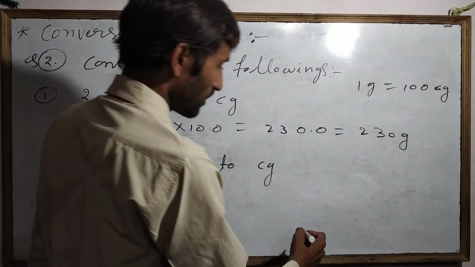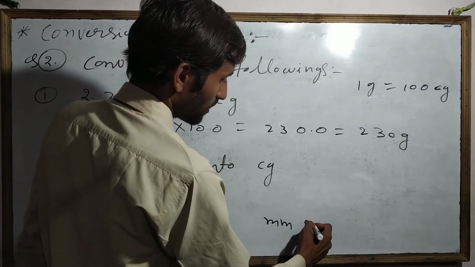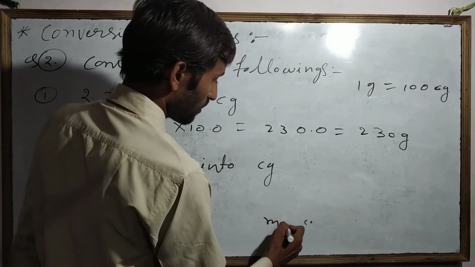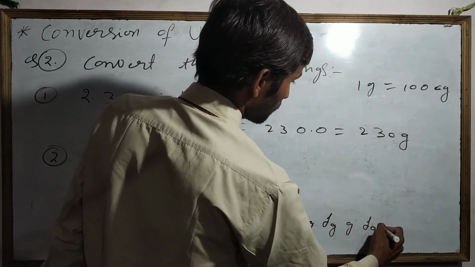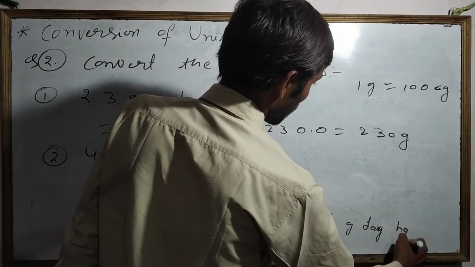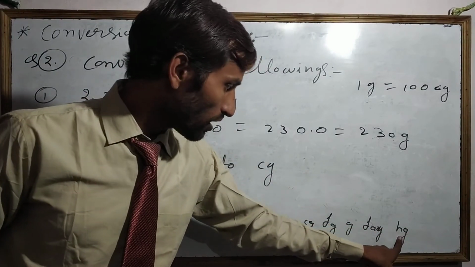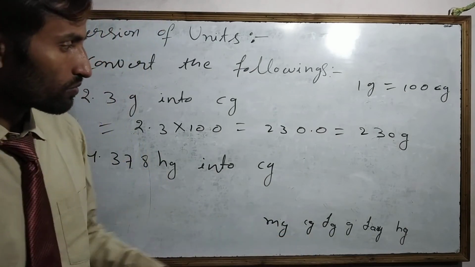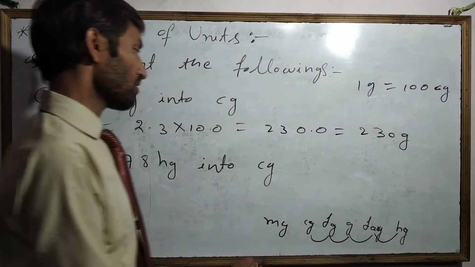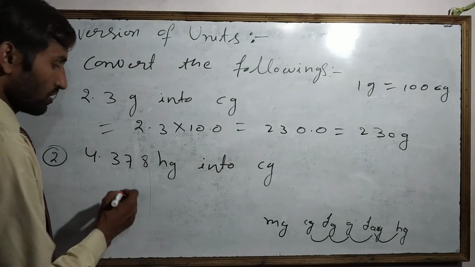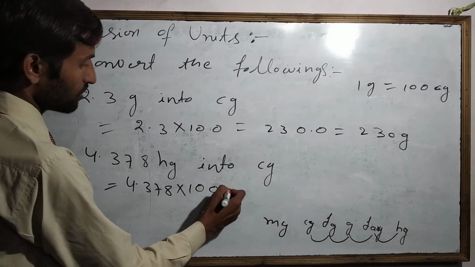Again this one is a bigger unit, Hg, and this one is a smaller unit. So just you see here how many gaps are there: milligram, centigram, decigram, gram, decagram, and then hectogram, Hg. And from Hg, hectogram, we have to convert into centigram. So just you see here 1 gap, 2 and 3, 4 gaps are there, means we have to multiply by 10,000, means 4.378 into 10,000.